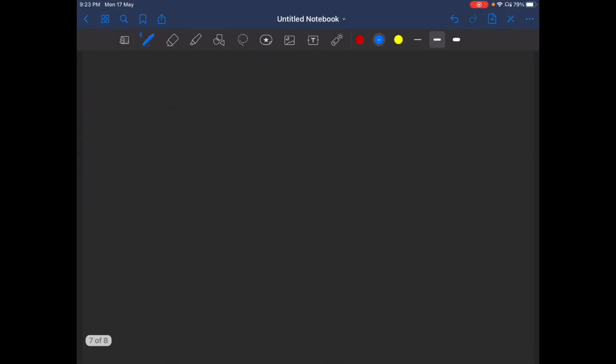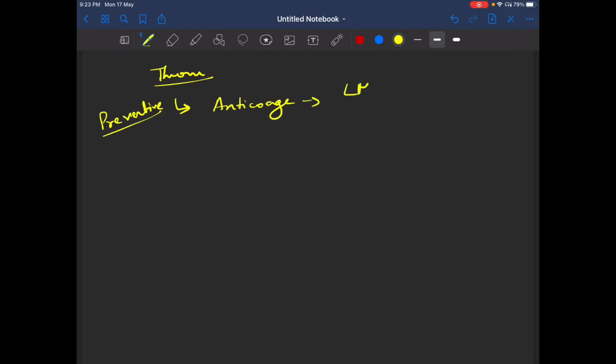So in order not to form the thrombus, there are a few steps which have to be taken. These preventive steps are anticoagulation with low molecular weight heparin or warfarin. In the case of warfarin, it will take 5 days for its effect to occur from the day of starting.